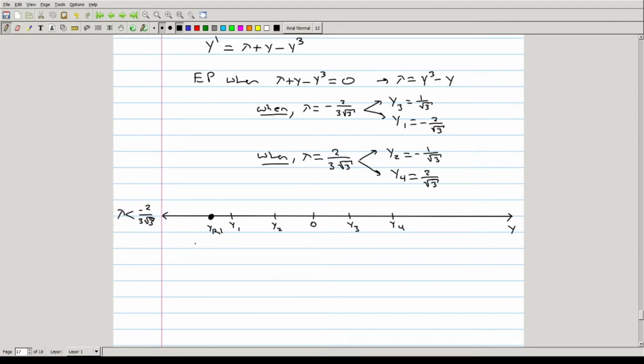And when this is the case, if we have one equilibrium value, you can use the cubic formula to calculate this equilibrium value. There will be two other roots to this cubic polynomial, but they'll both be complex, so they're not real values.